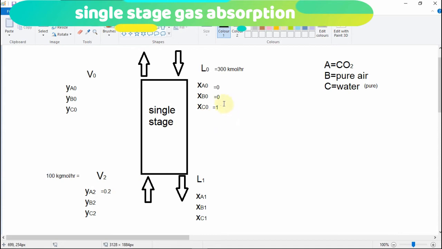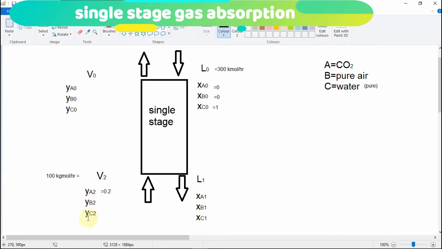Next, over here is pure water, and in the vapor stream, which is V2, the solvent is in liquid phase. So in the vapor phase, only the gas components appear. Here A refers to CO2, which is a gas.